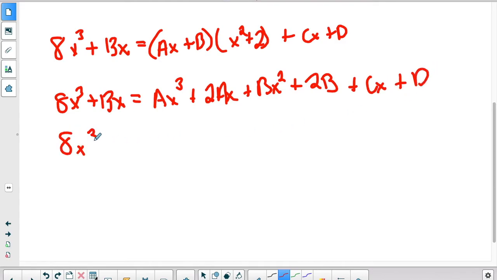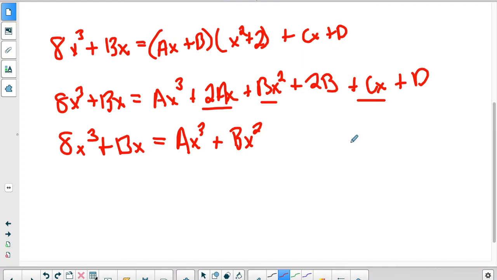Now at this point, we need to group all of the like terms on the right side. x cubed is the only term with x cubed, so we have it by itself. bx squared is the only term with x squared. Our terms with x are 2ax and cx, so 2ax plus cx, and then we have plus 2b and plus d, which are the ones without any x terms.